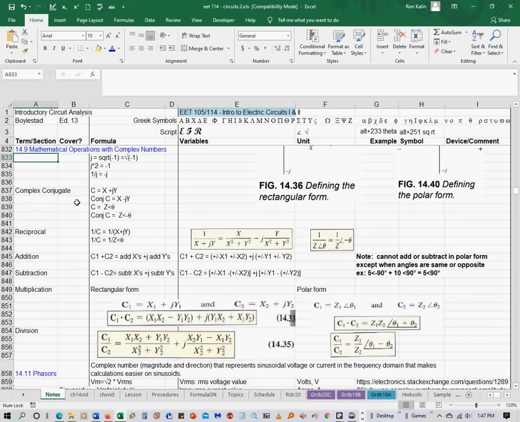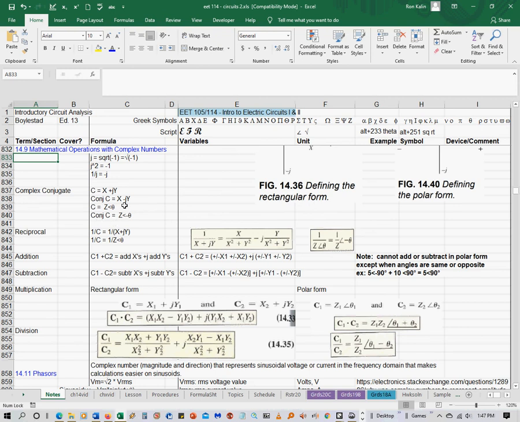The complex conjugate: if you're given a complex number x plus jy, the conjugate of that number is x minus jy. So you just flip the sign of your second component, your reactive or imaginary component.